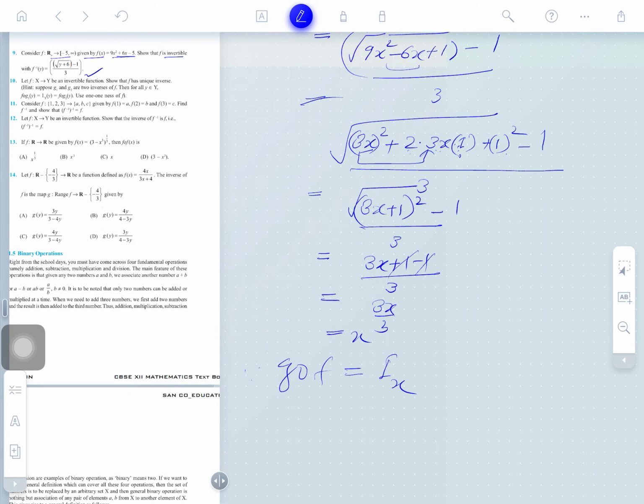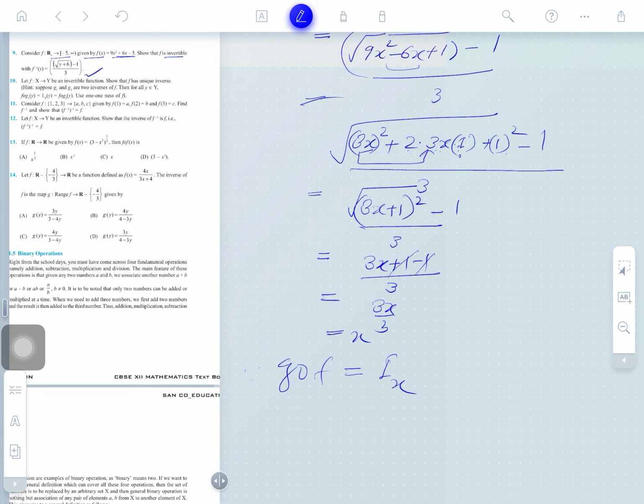You just have to take the two functions such that their composition gives an identity function. Listen again, if the composition of two functions is an identity function, then one of them is the inverse of the other. This is the solving manner.